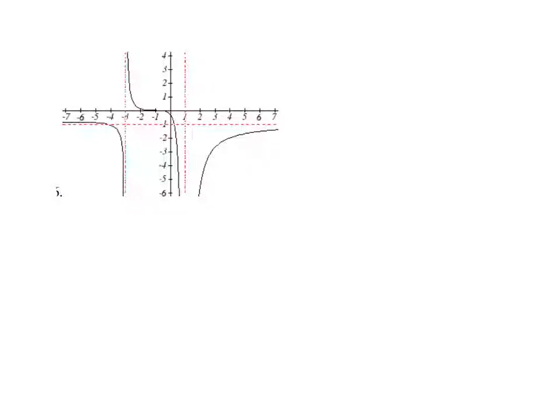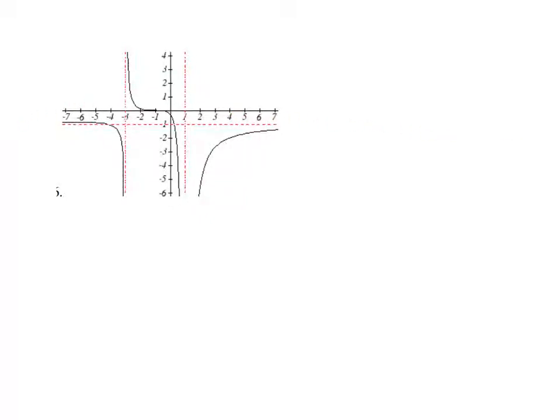So for this one, again, I just see the horizontal asymptote, so I know there's going to be the same degree in the top, same degree in the bottom. I'm noticing this one's acting like 1 over x squared. I'm noticing this one acts like 1 over x. You see the way this graph crosses that horizontal asymptote? That's okay in the short run, but what we're going to see is what's happening way out at infinity.